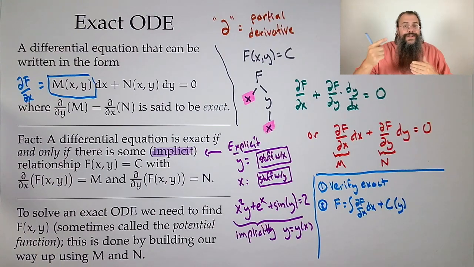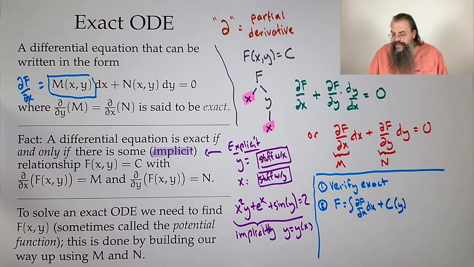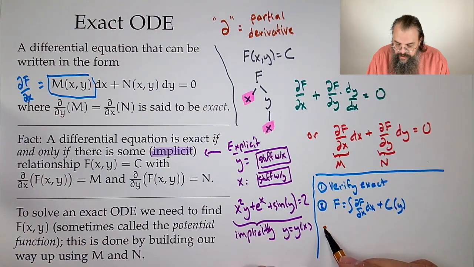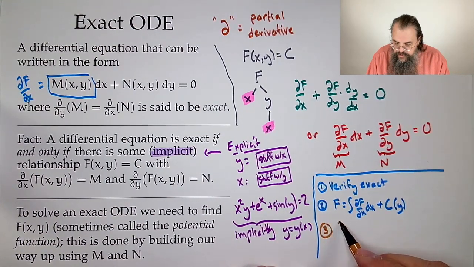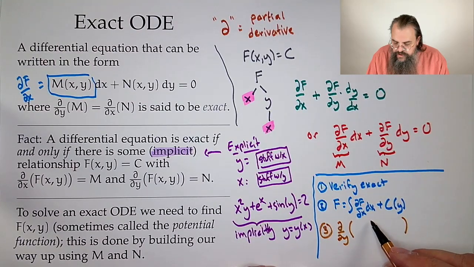It says, look, in just one step, we've almost found all of f. Almost. Okay, so how do we figure out what that constant function of y is? Well, now we say, hey, we haven't used all of our information. So let's use all of our information. The next step is we take the derivative with respect to y of what we just found.